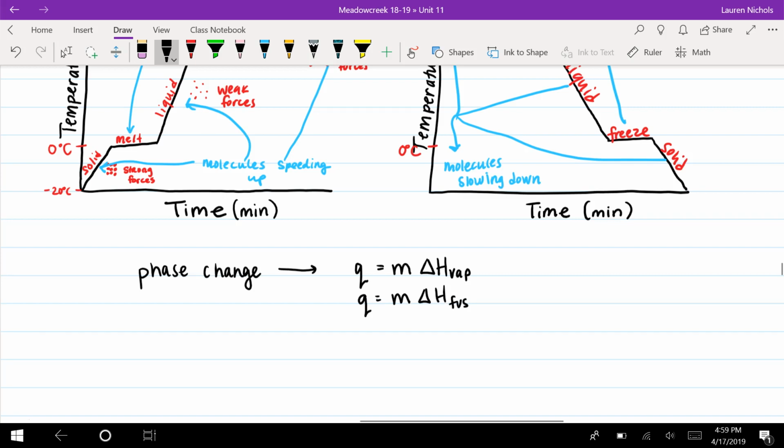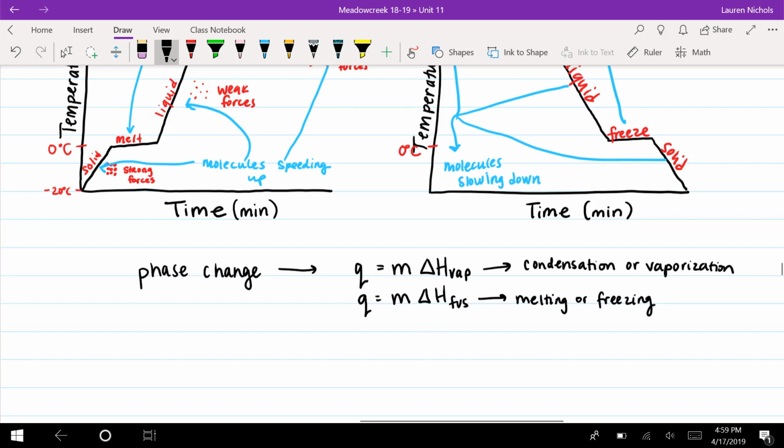Now remember, vaporization is used for condensation or vaporization, either one. But fusion is used for melting or freezing.